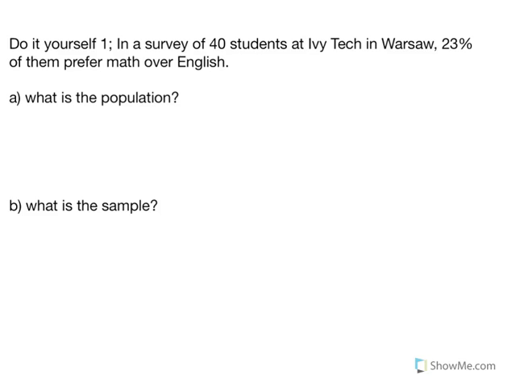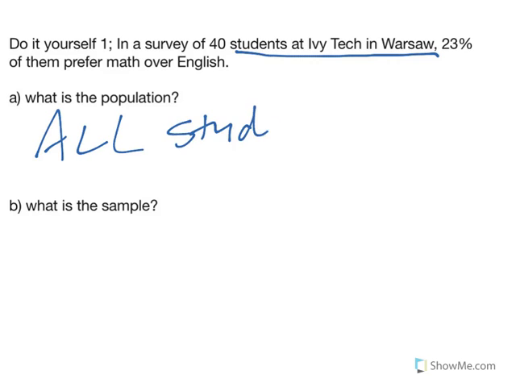So in a survey of 40 students at Ivy Tech in Warsaw, 23% of them prefer math over English, as normal people would. So what's the population? Well, who are we talking about? First of all, population is all. Well, we're talking about students at Ivy Tech in Warsaw. So all students at Ivy Tech in Warsaw.